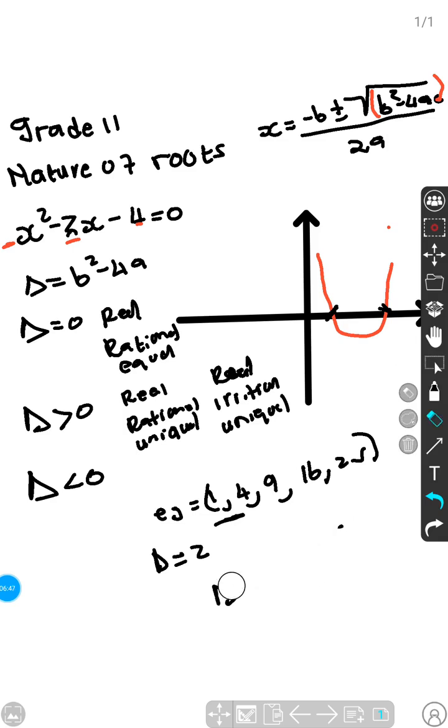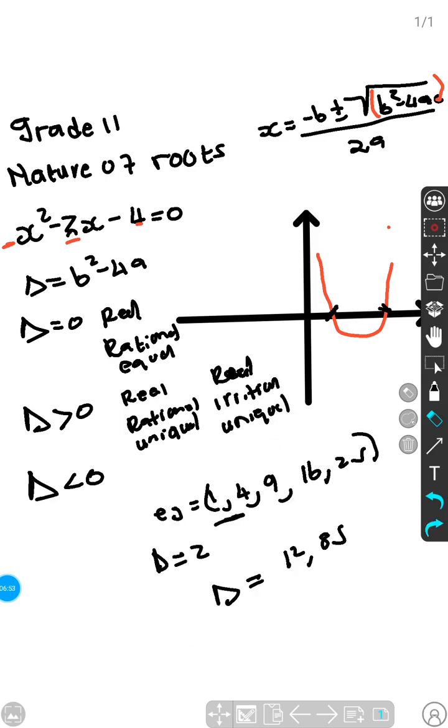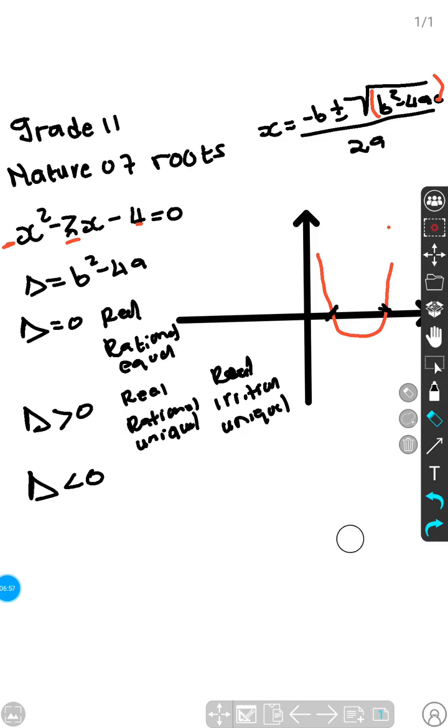That's how you know the nature of the roots will be real, irrational, and unequal.